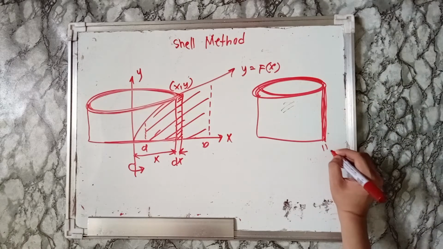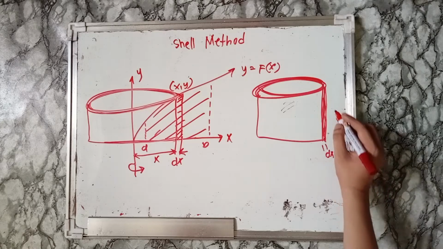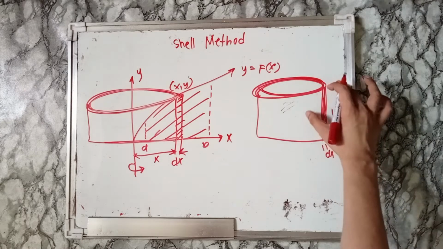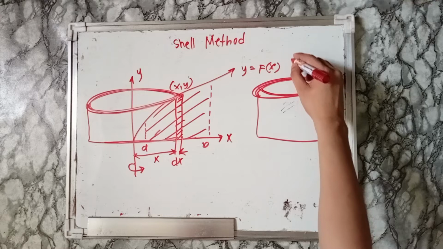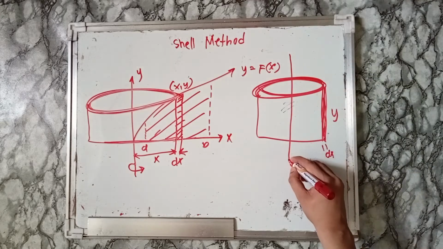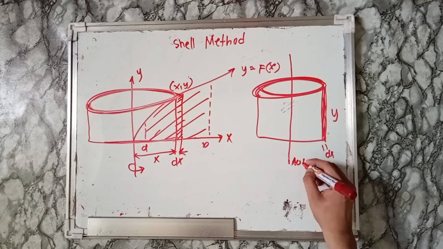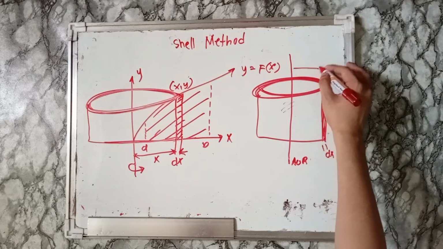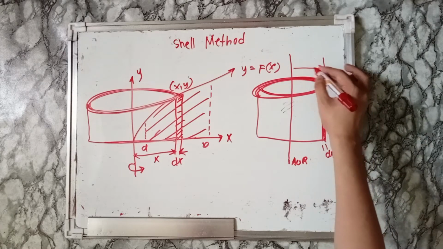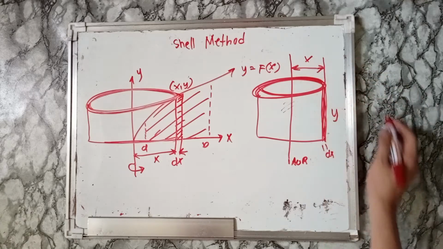This is dx, this is our y. This is our vertical strip, and our area of rotation, and this is our x.